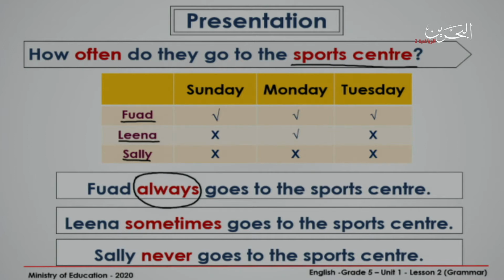Lina's row has only one tick. It means that she sometimes goes to the sports center. Sally's row hasn't got any tick. It means that she never goes to the sports center.